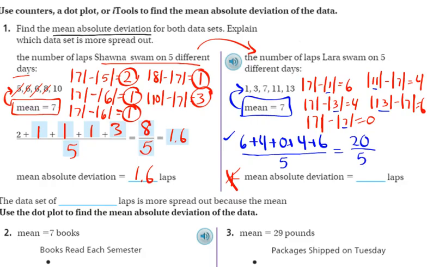So 20 divided by 5 gives me an answer of 4, which means the MAD, or the mean absolute deviation here, is 4 laps. So the data set of Laura's laps is more spread out. Her data is more spread out because she has a greater mean absolute deviation.